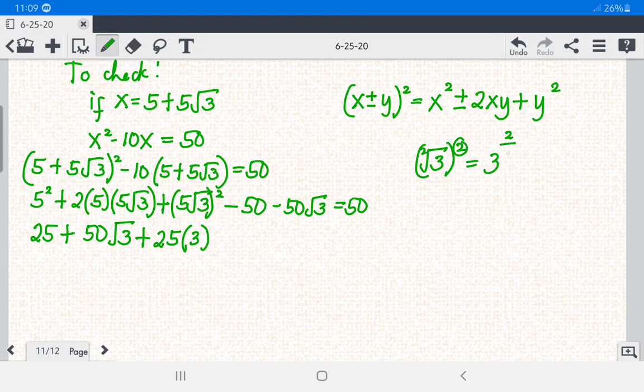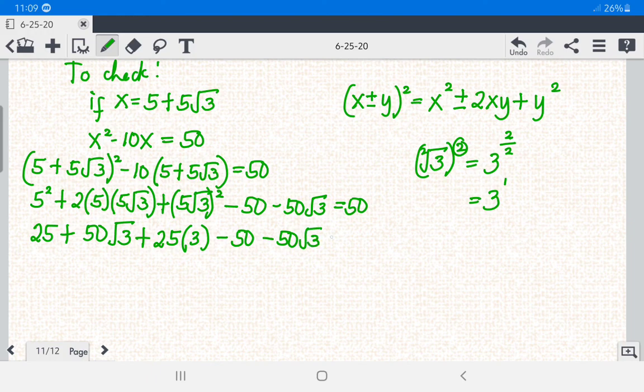Because 2 divided by 2, we have 1. So the answer is 3 only. So, times 3. Then minus 50, then minus 50 square root of 3.